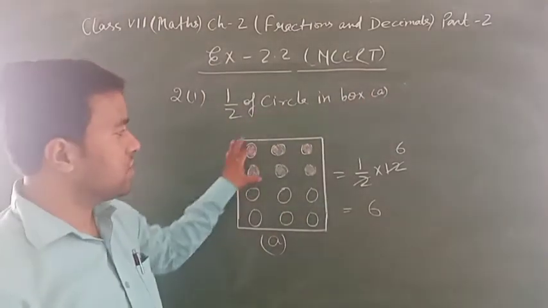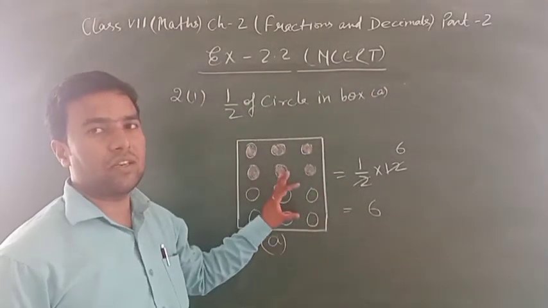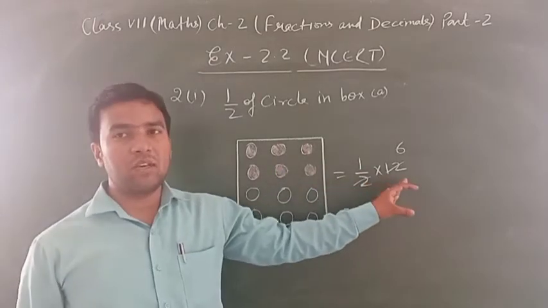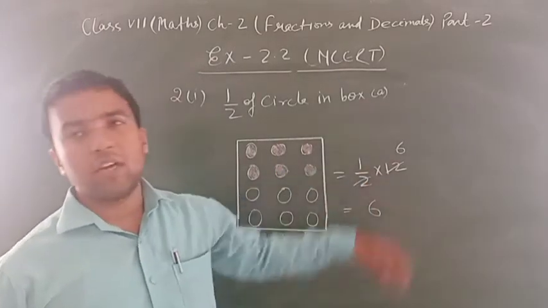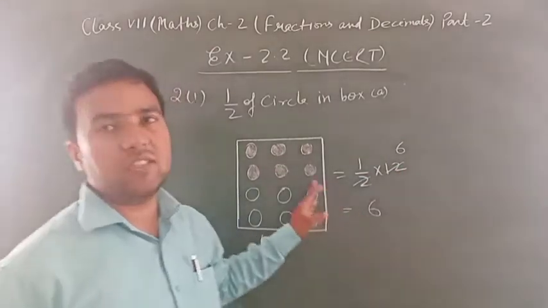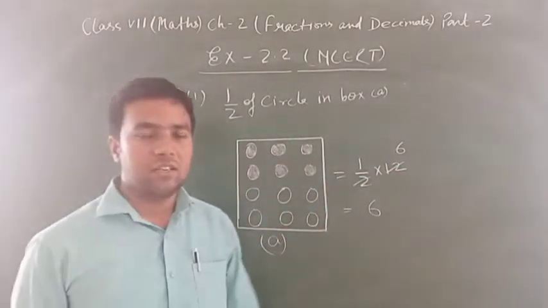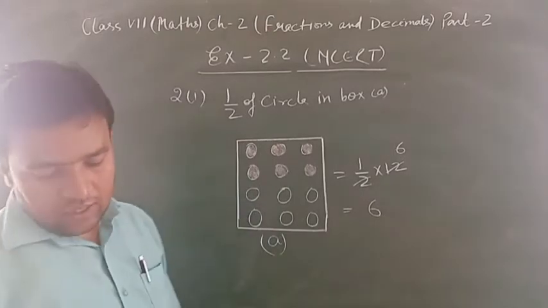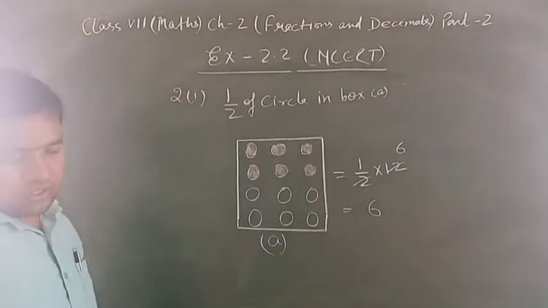So in the box how many circles? 12 circles. 1/2 of means multiply by 12. 1/2 into 12, 2 sixes are 12, means 6 circles you will set. The rest of the parts you will also do like this.